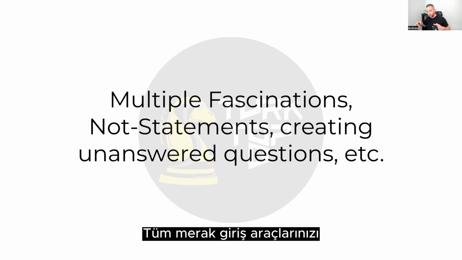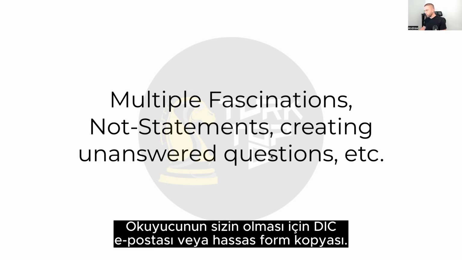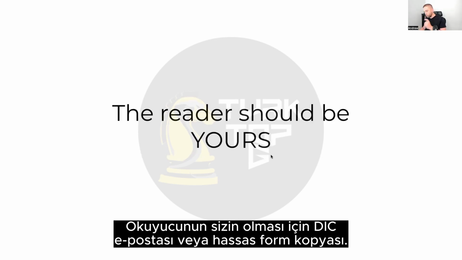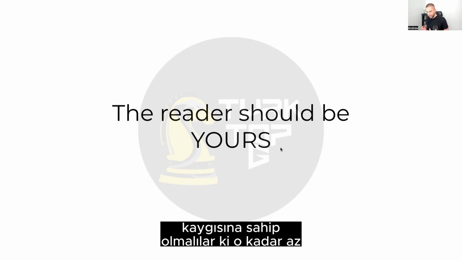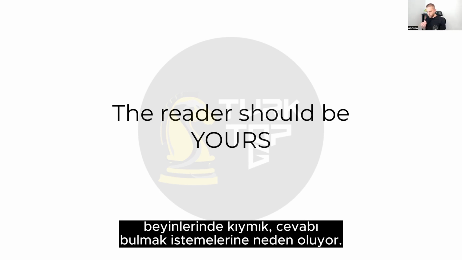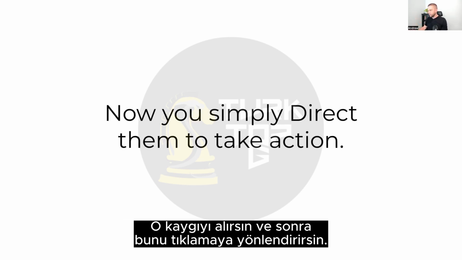You're going to pull out all of your tools of curiosity and intrigue and stack them around this idea that you're teasing inside of your DIC email or short form copy, so that the reader should be yours. By the time they get to the end, they should have that low grade anxiety, that little splinter in their brain, making them want to find the answer, right? And you take that anxiety and then you direct it into the click.